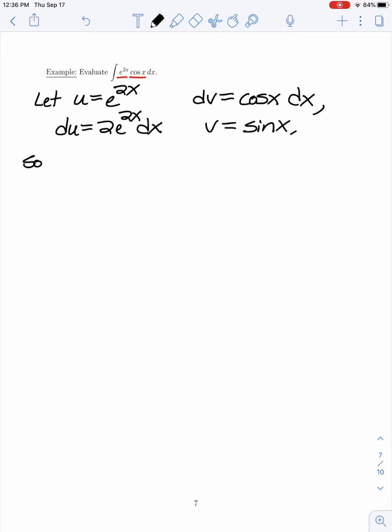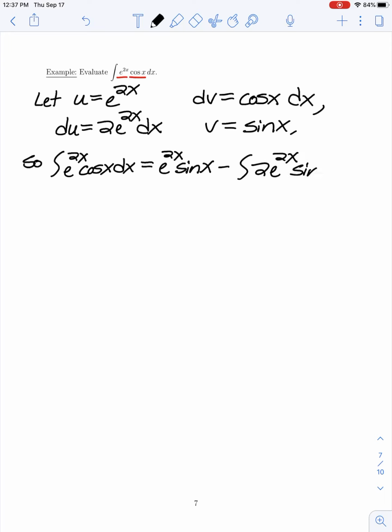So applying the integration by parts formula, the integral of e to the 2x cosine of x dx is equal to u times v, which would be e to the 2x sine x, minus the integral of v times du, which is 2e to the 2x sine x dx.